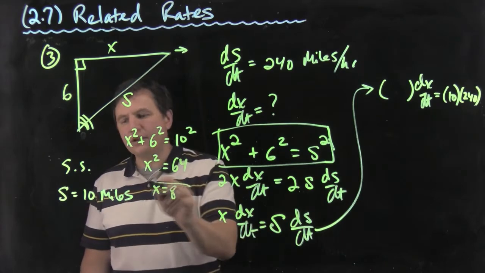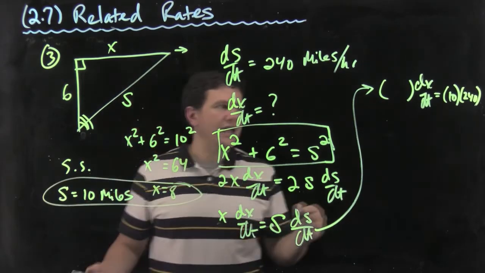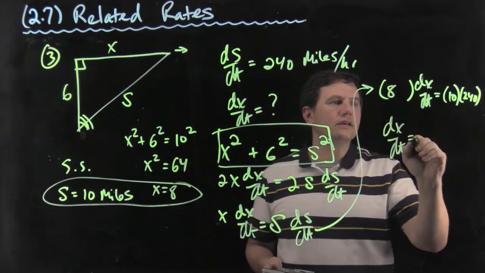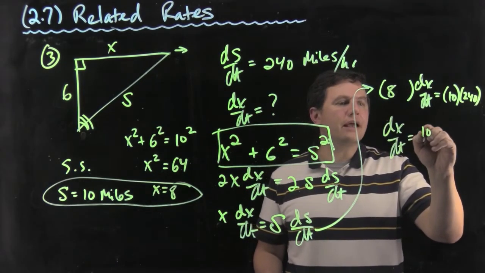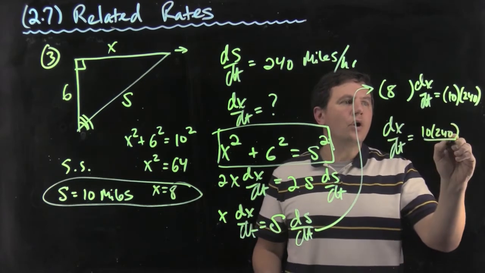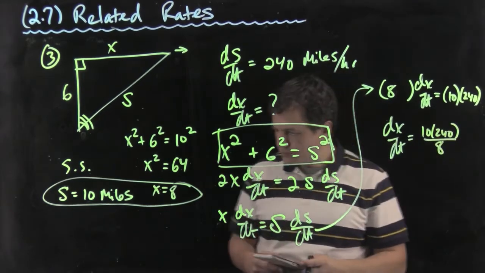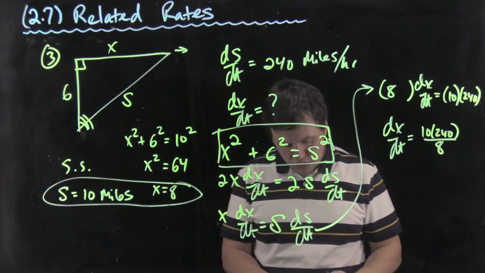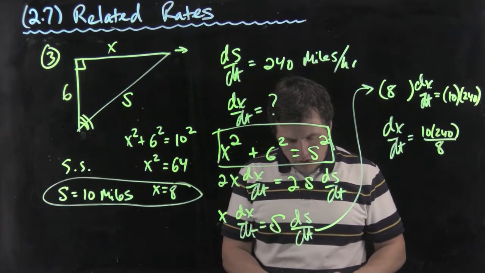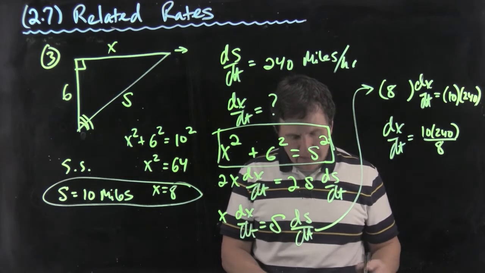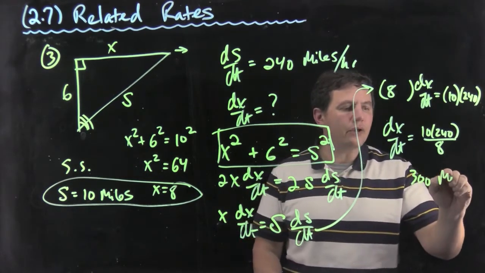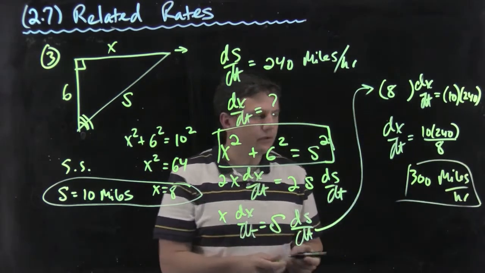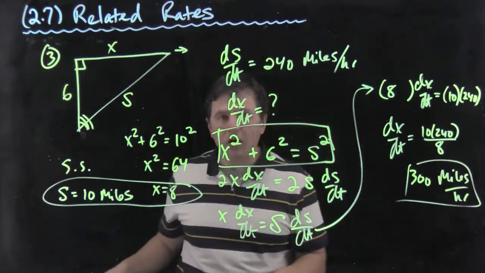So our snapshot for x is 8, and now from here, dx over dt is equal to 10 times 240 over 8. And so let's see, 2,400 divided by 8. And we get 300 miles per hour. And that is dx over dt, which in this case is the speed of our plane.